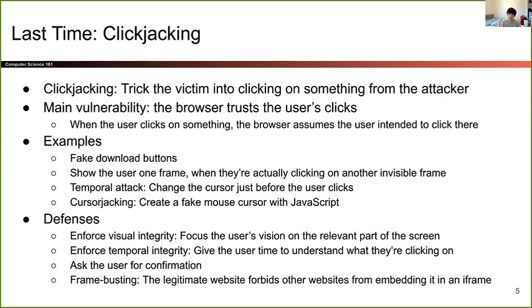This can be anything from fake download buttons to invisible iframes to temporal attacks, where we replace the item on the screen the split second before they click on it, and cursor jacking, where we create a fake cursor that is more visible than the real cursor. To defend, we can enforce either visual or temporal integrity, ask the user for confirmation, just make sure that they know what they're doing, and use frame busting for the iframe attacks, where we instruct the browser not to ever let this website be embedded.